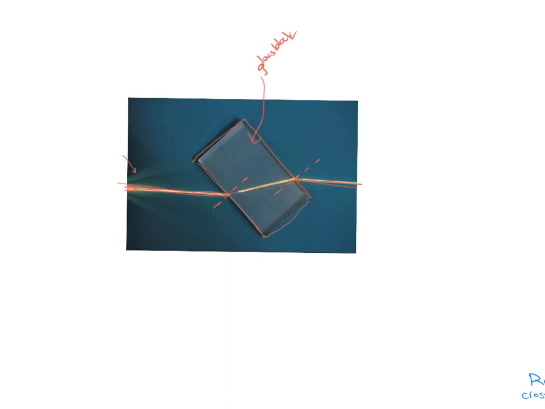So remember, refraction doesn't only happen for water waves, it happens for every type of wave. Light waves are usually the easiest ones to measure and complete an experiment through. So what you will then do is remove the glass block and join these two lines together.